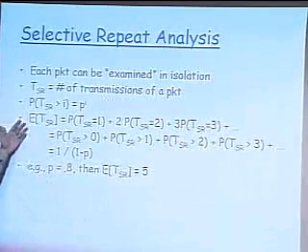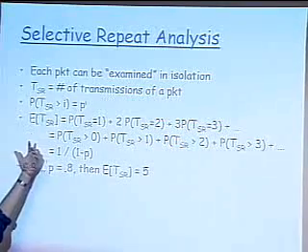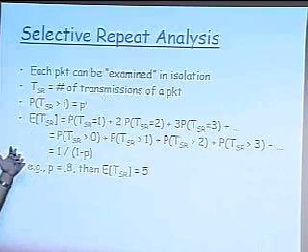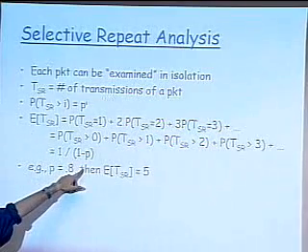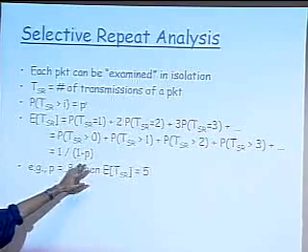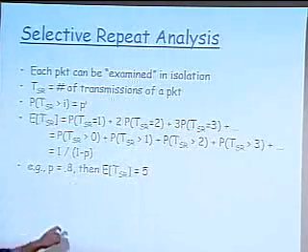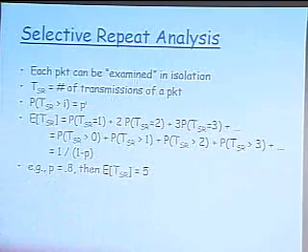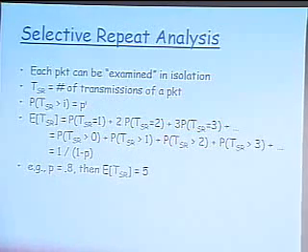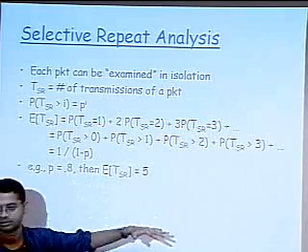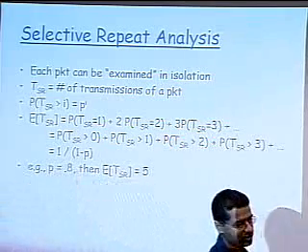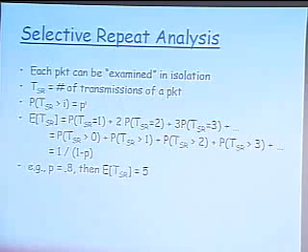So the expected number of transmissions for a packet in selective repeat is 1 over 1 minus P. So if P is 0.8, the number of transmissions is 5. So this formula also makes intuitive sense. If the loss probability is 0, your number of transmissions is going to be 1. Nothing gets lost.